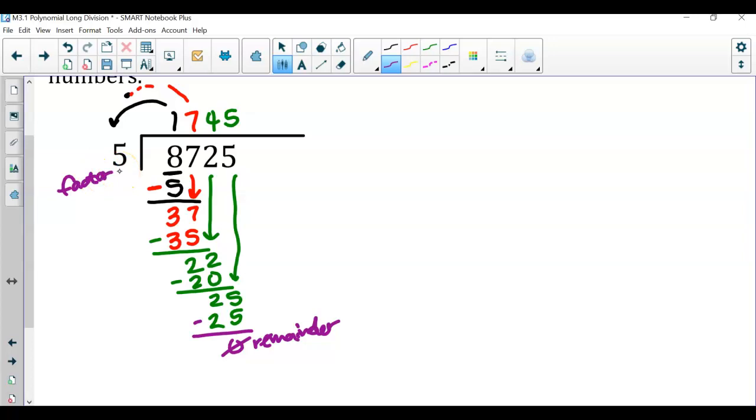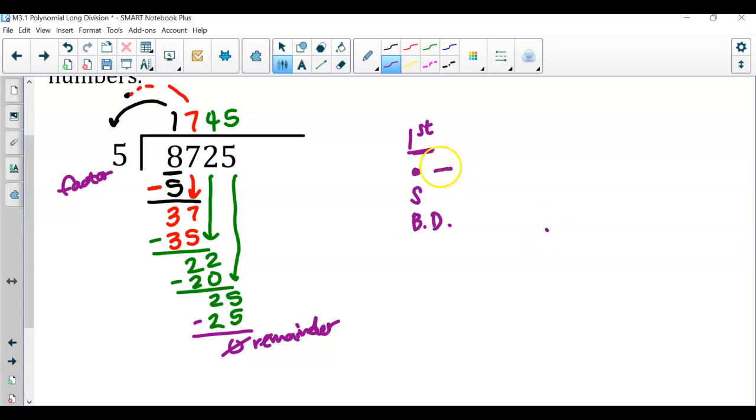So keep in mind our long division, right? We always divided into that first value. We focused on the first, right? Whatever was first. Then after we divided into that, we would multiply, then we would subtract, and then we would bring down. That is the same steps when we are focusing on long division with our polynomials.